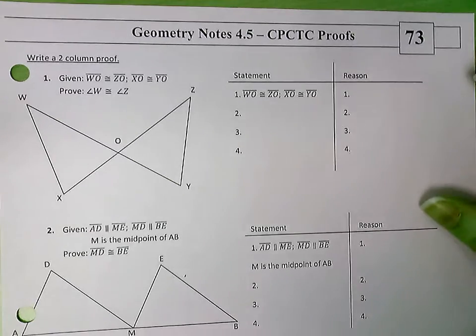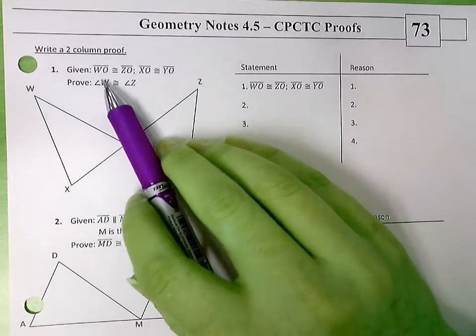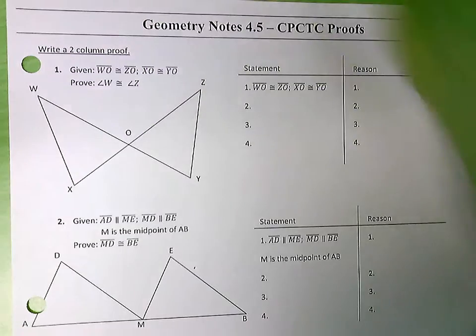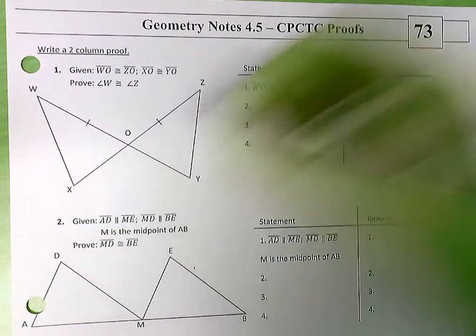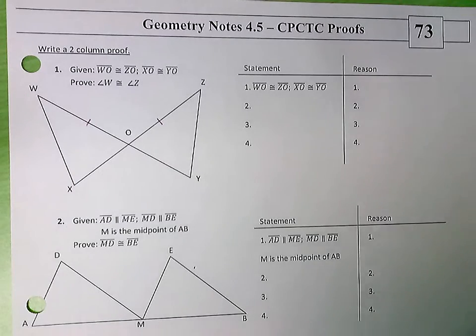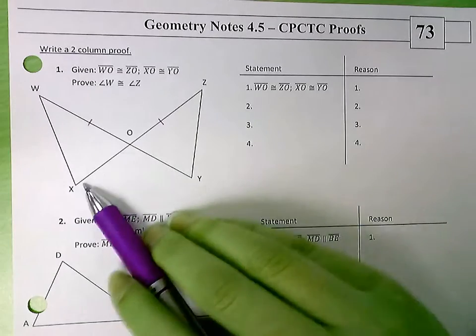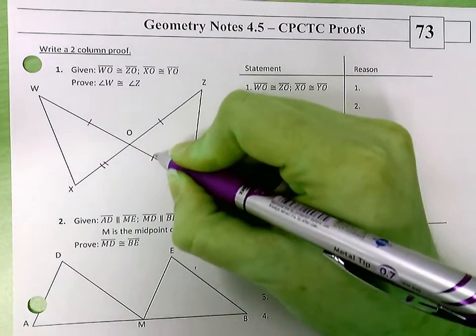So looking at our first problem here, we're given segment WO is congruent to segment ZO. I'm going to mark that on my picture. I'm also given that segment XO is congruent to segment YO, again marking that on my picture.